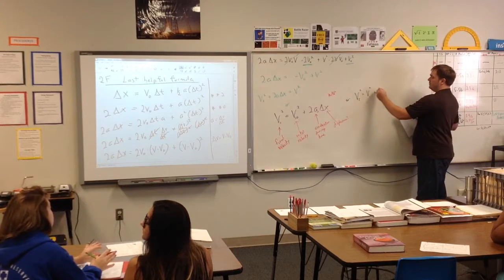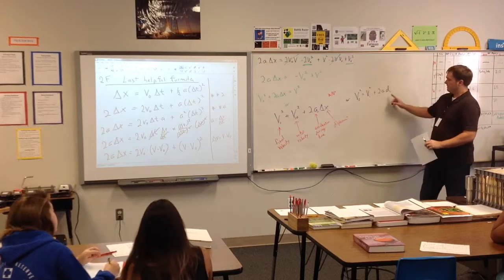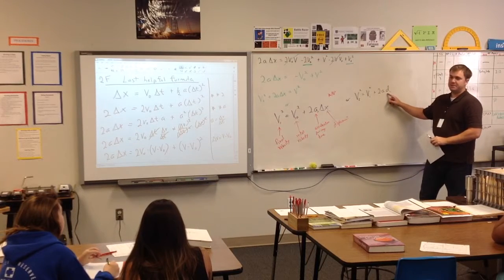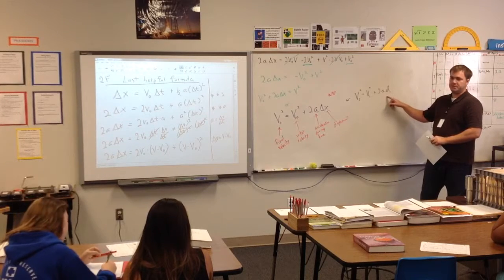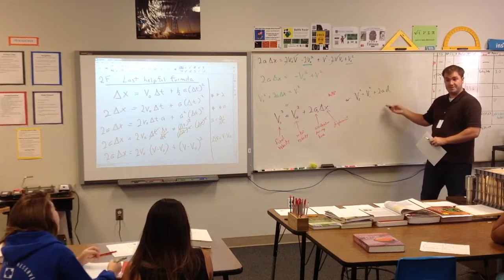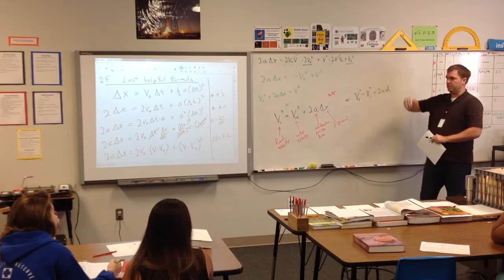But then they're going to say plus 2AD. For displacement? Nope, for distance. Oh. Because a normal physics class will not differentiate between displacement and distance, okay? That's another way that we are raising our knowledge here.